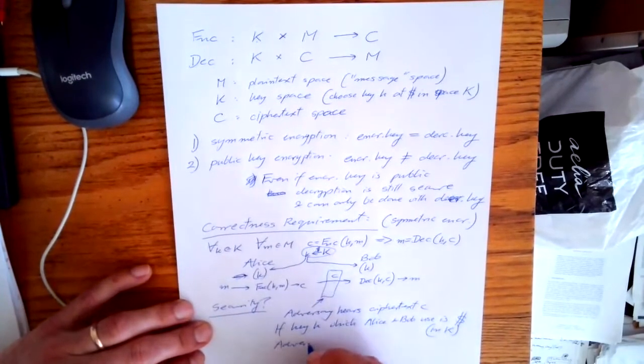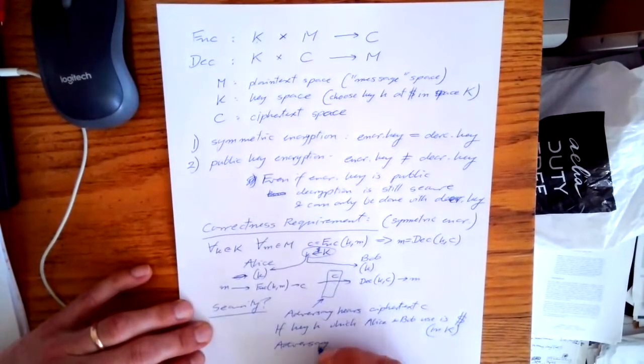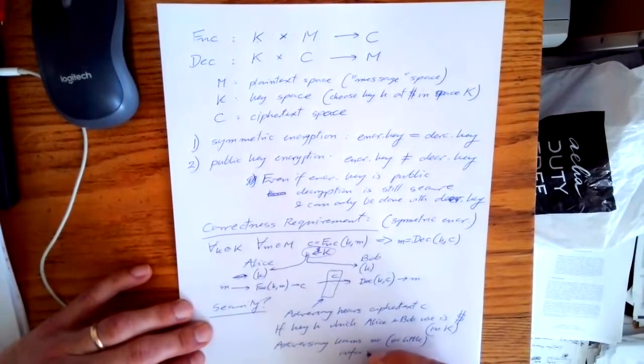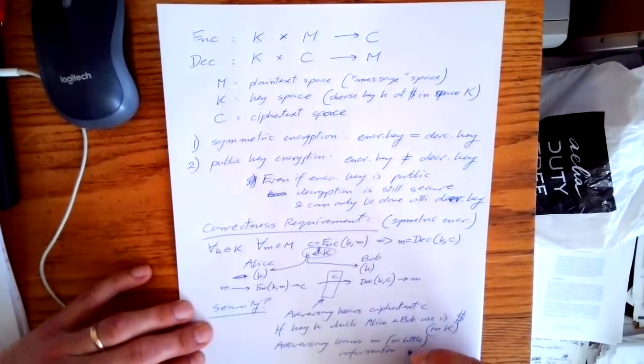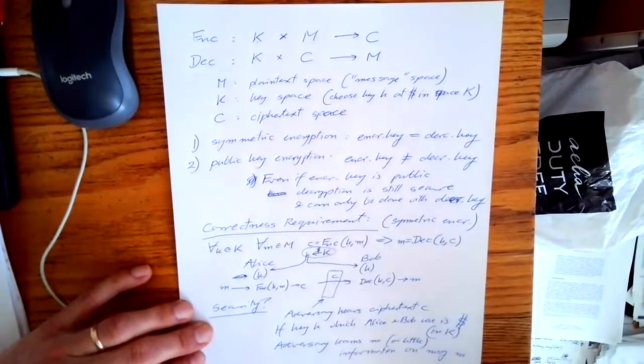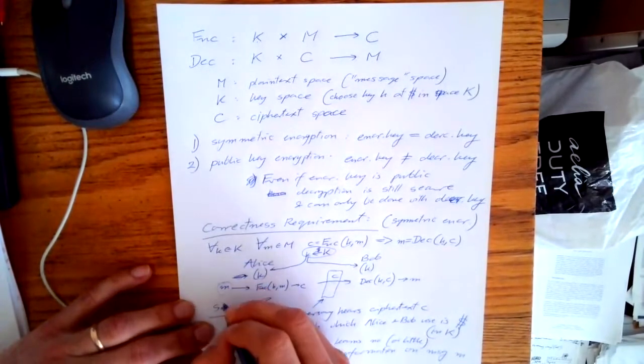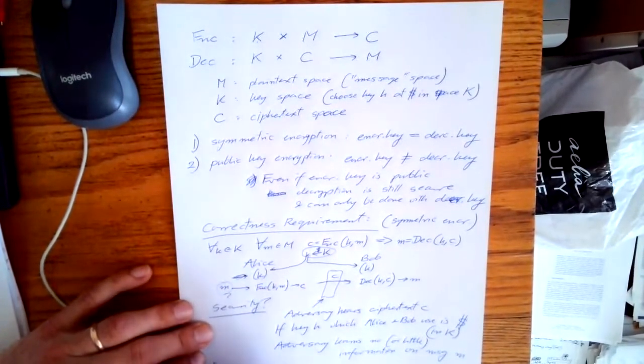Okay, but if this was done, then under the assumption that this was correctly picked, the adversary learns no or little information on message M. So he gets the ciphertext, but his real question is, what is the plaintext?